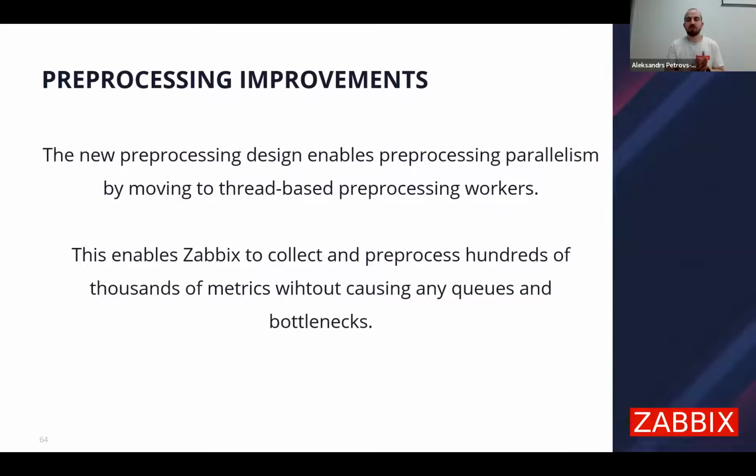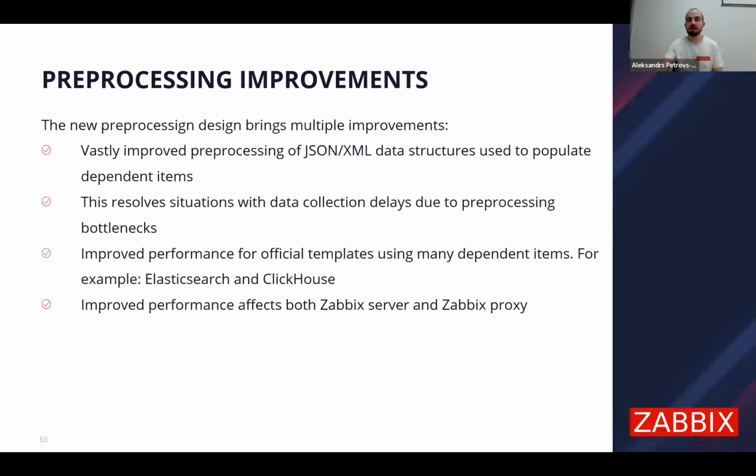Preprocessing was also improved. So the new preprocessing design enables preprocessing parallelism by moving to thread-based preprocessing workers, which allows Zabbix to collect and preprocess hundreds of thousands of metrics without causing any queues and bottlenecks, which was achieved by improving the preprocessing of JSON and XML data structures, which are used to populate dependent items. And as you can guess, those usually contain a lot of data.